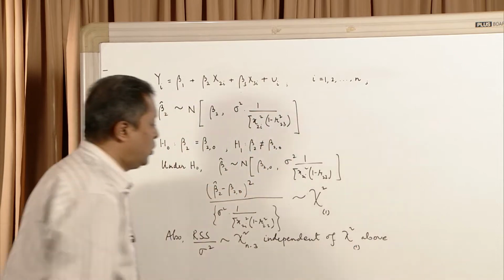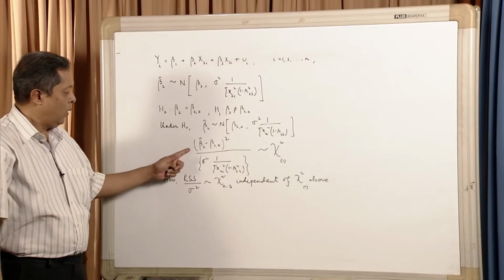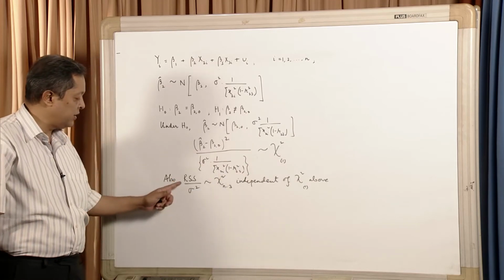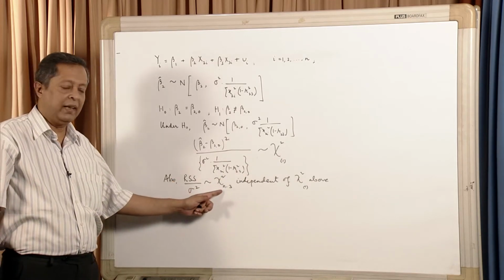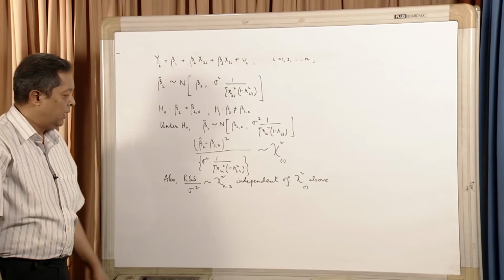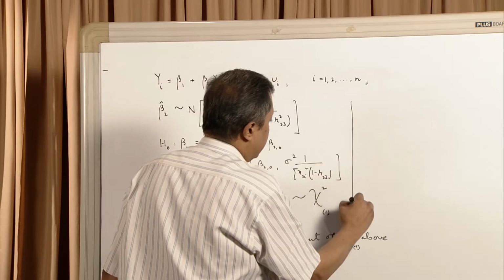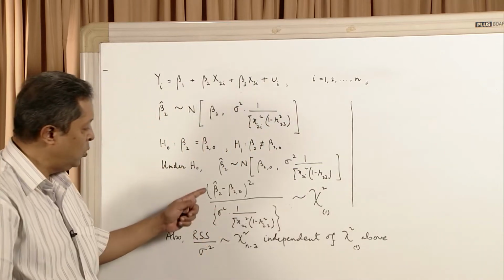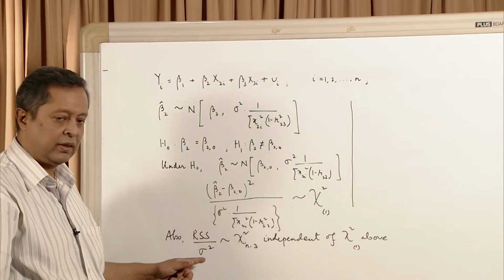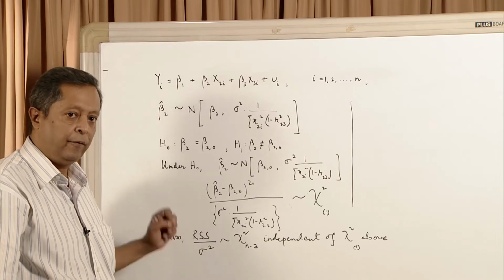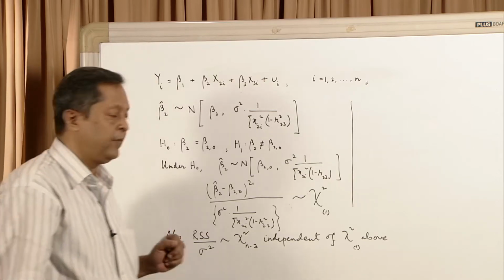So, we have two chi-squares, one with degrees of freedom equal to 1, the second one RSS by sigma square with n minus 3 degrees of freedom, and we use a fundamental result that the ratio of two independent chi-squares each divided by its respective degree of freedom gives us an F distribution.